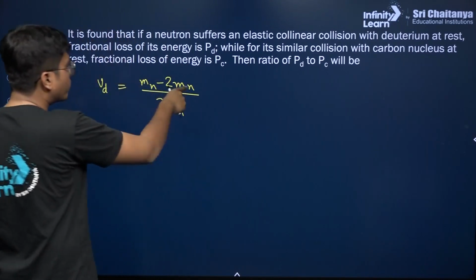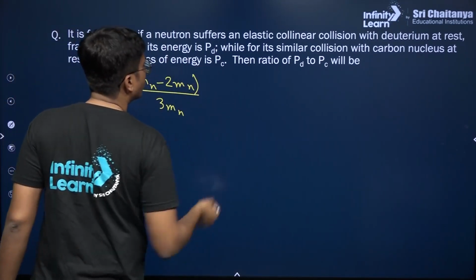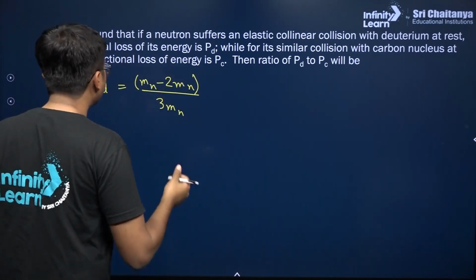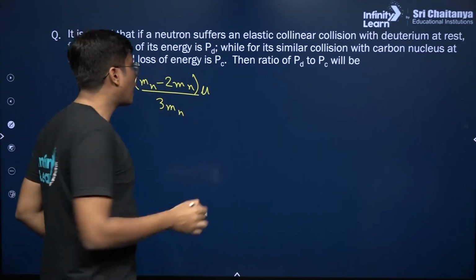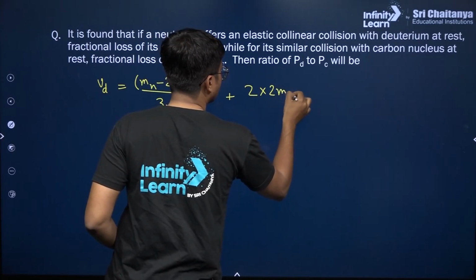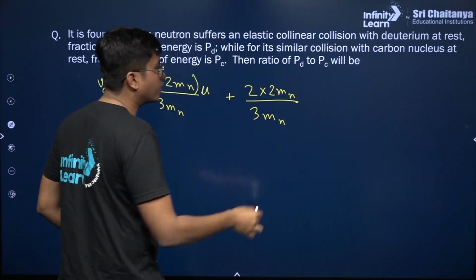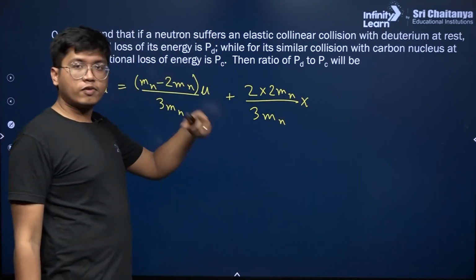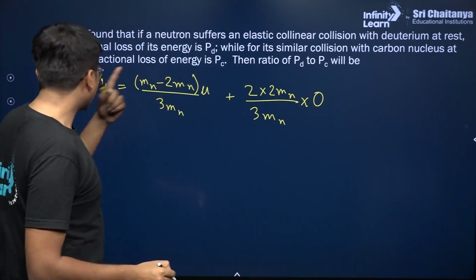The formula is M1 minus M2 divided by M1 plus M2, into the original speed, so let the original speed be u. Plus you also have 2 into 2Mn divided by 3Mn again, but this part won't matter because this deals with the initial velocity of the deuterium, which is 0. So from here we can cancel out the Mn's.